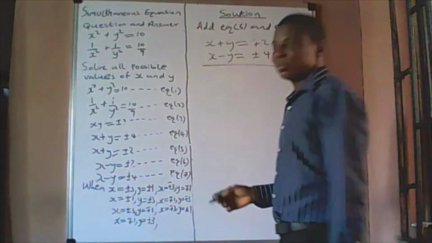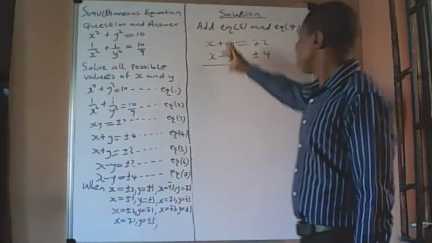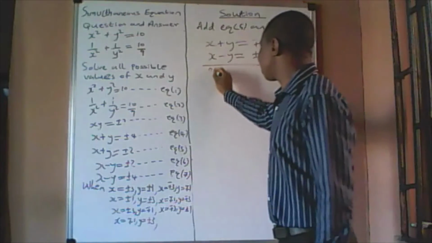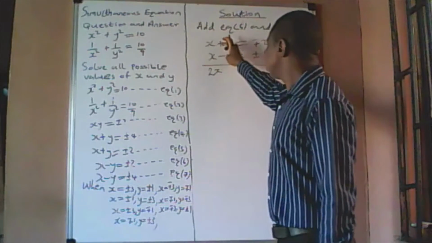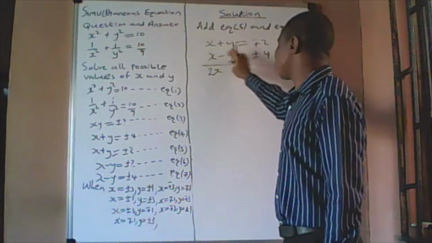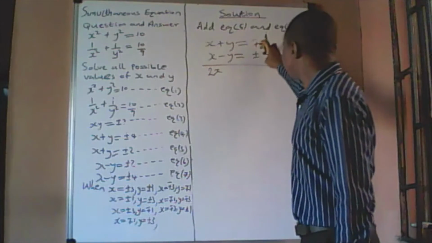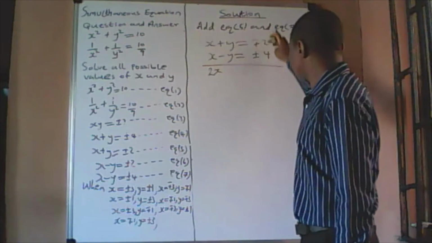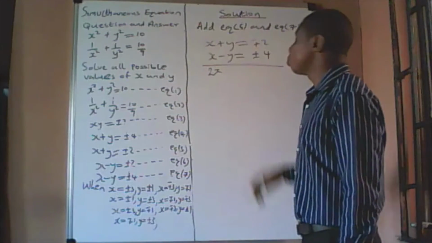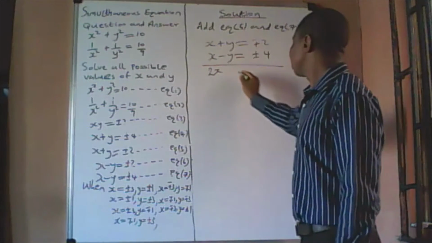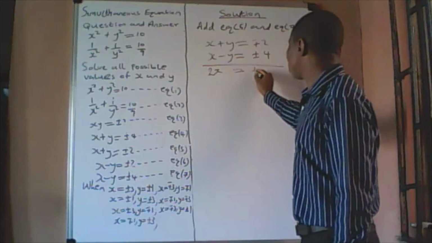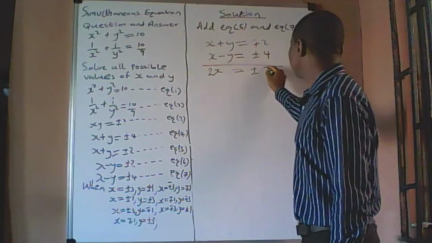We add. x plus x will give us 2x, plus y plus minus y gives us 0. Then minus 2 plus 4 will give us plus 2. That means plus or minus 2.